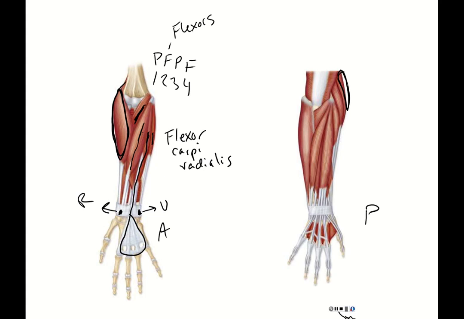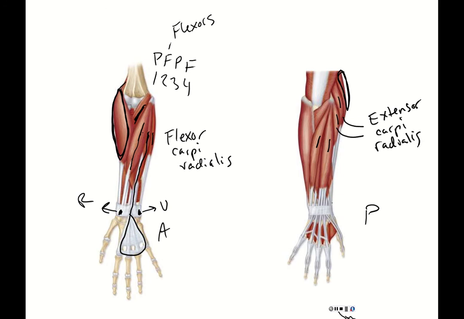But after that, we have extensor, extensor, extensor, extensor, and finally, that's actually a flexor over on the other side. So what's going on with these guys? So these two are extensor carpi radialis.